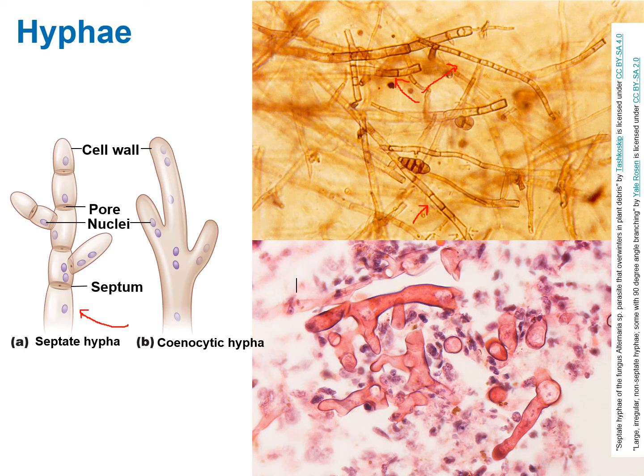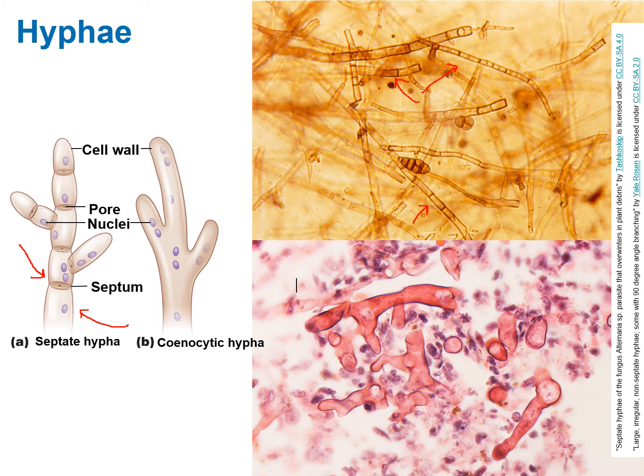And in a septate hypha, the cells are separated by a partition called a septum. What's interesting is that there's a pore that goes through each septum, connecting the cytoplasms of all of the cells together. So this allows for the exchange of chemical signals through the hypha, as well as nutrients.